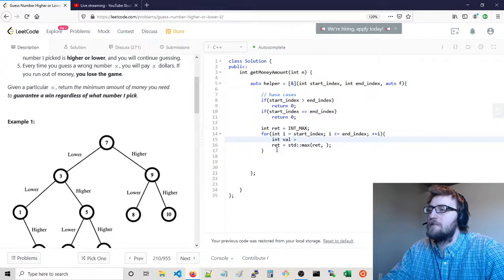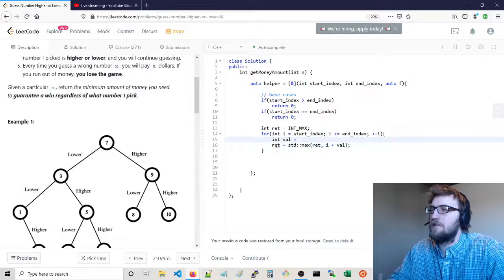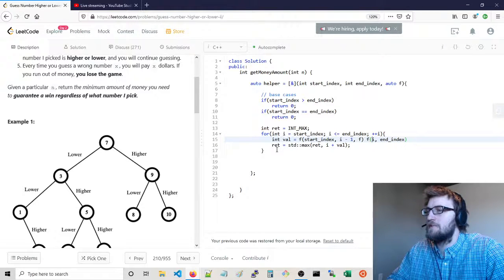Val is going to be I plus val, and the recursive function is as follows: the start index to I, and the other one is I to end index, and actually you're not going to include I. So it's I minus 1, I plus 1, and there's a tricky thing here where, we said, if the start index is greater than the end index, then we just return 0.